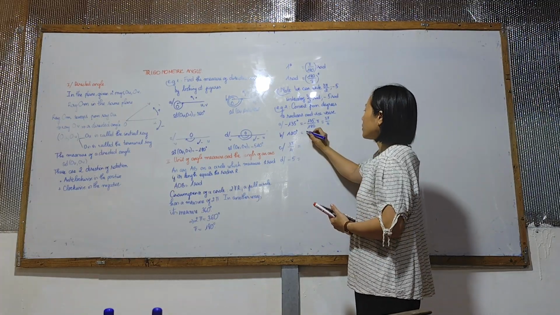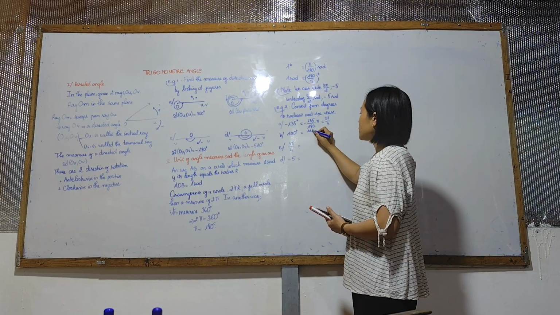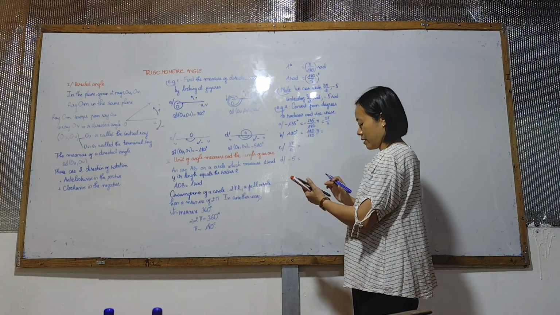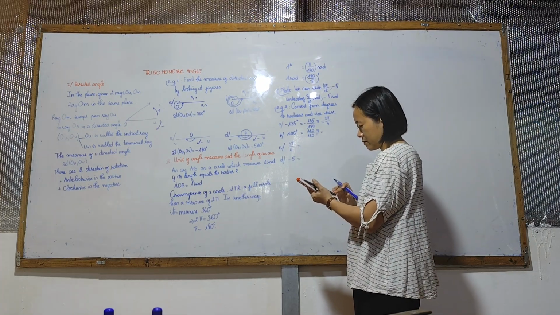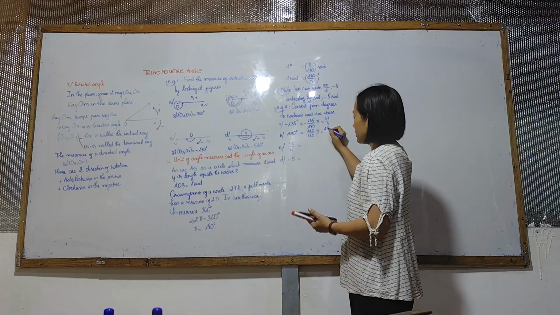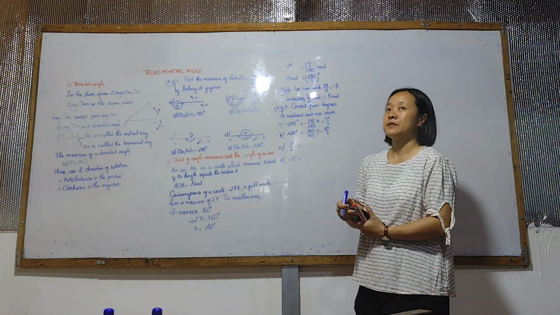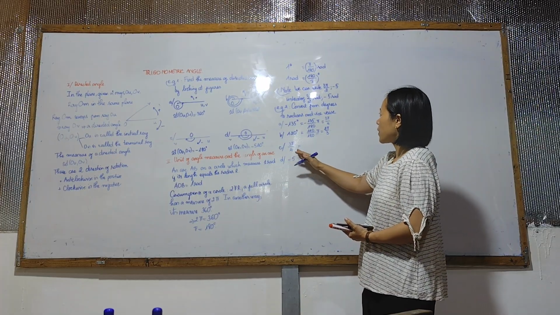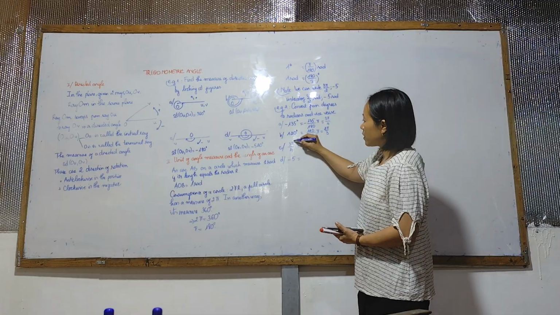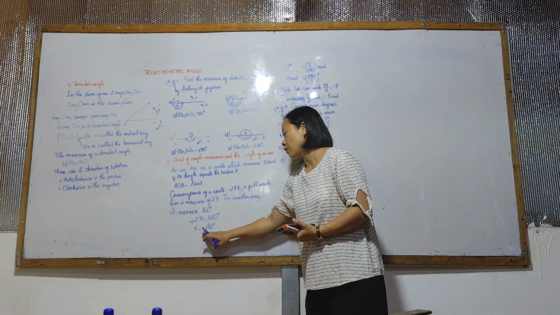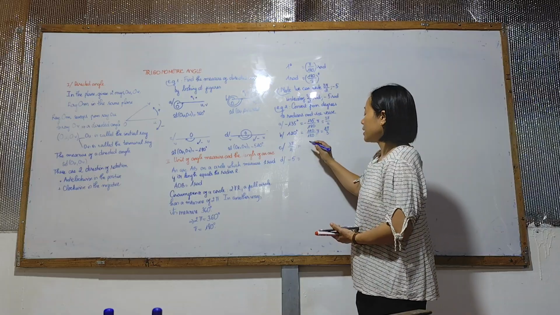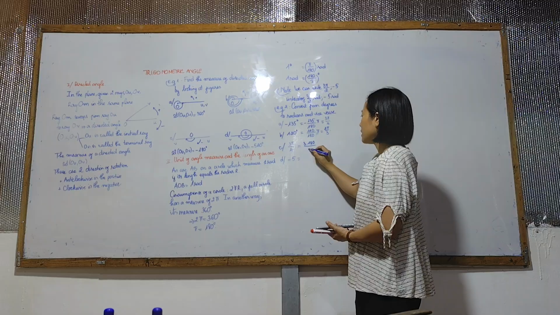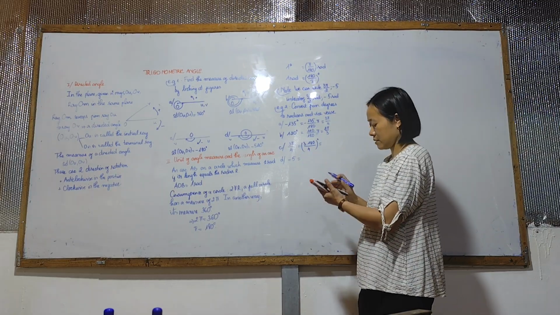In the same way, we take the number 120 over 180 and add pi after that. We have 2pi over 3.